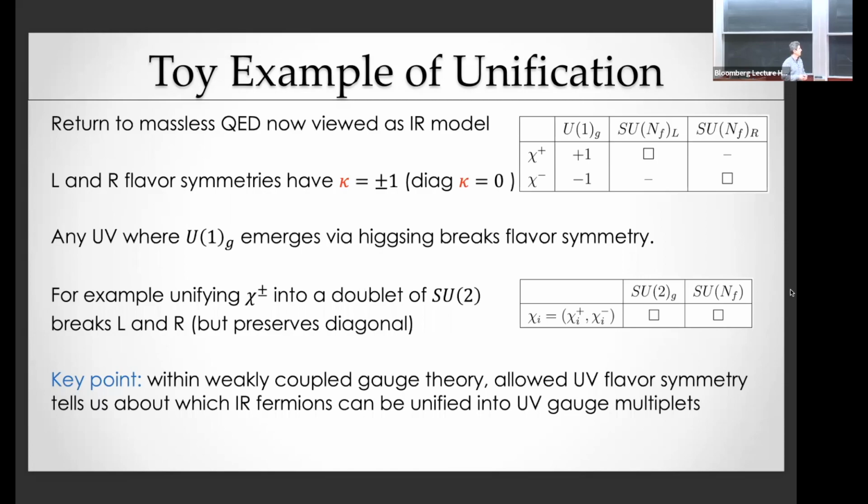And a key point for richer applications that are coming in a moment is that within weakly coupled gauge theory, the allowed UV flavor symmetry is an important thing. It tells us which IR fermions can be unified into UV gauge multiplets. So that's why we're so interested to know what flavor symmetry is around.